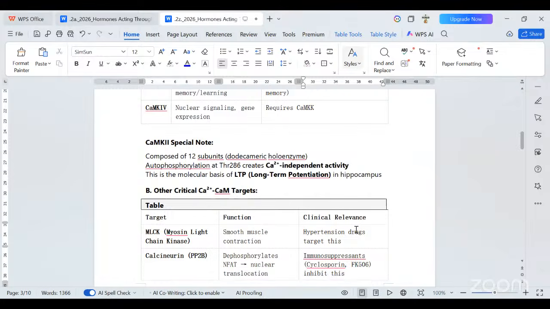They also work on the smooth muscles, and the type of calcium CaMK that works on the smooth muscles is known as the MLCK, that's myosin light chain kinase.